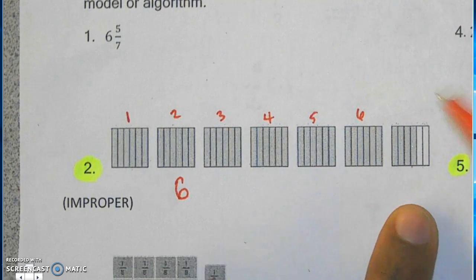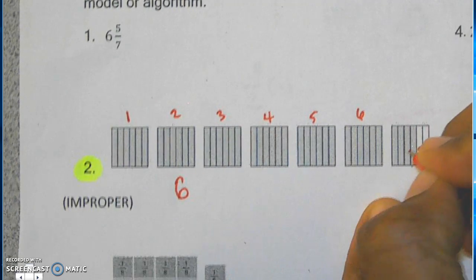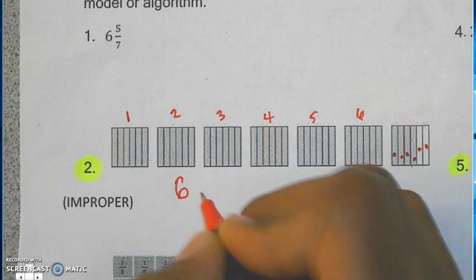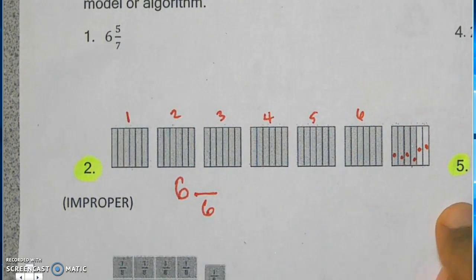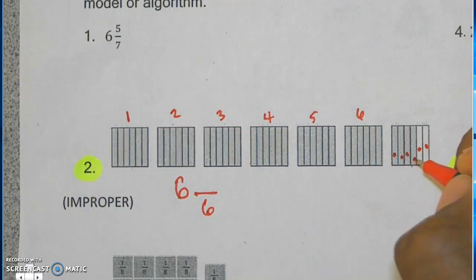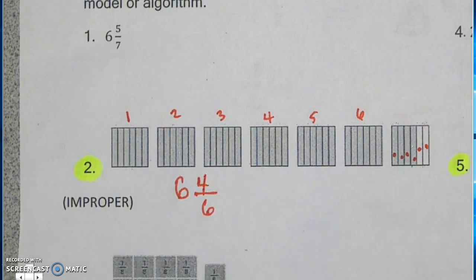And then I have to look and see how many fractional divisions do I have. 1, 2, 3, 4, 5, 6. So my denominator is going to be 6 because my denominator tells me how to break up my whole. And I have 1, 2, 3, 4 of those shaded. 4 are shaded. So my mixed number is 6 and 4/6.